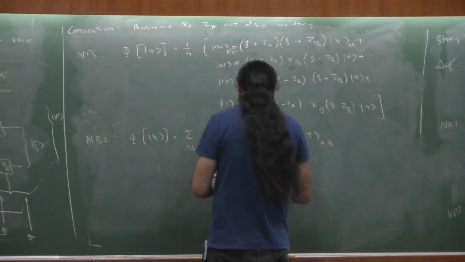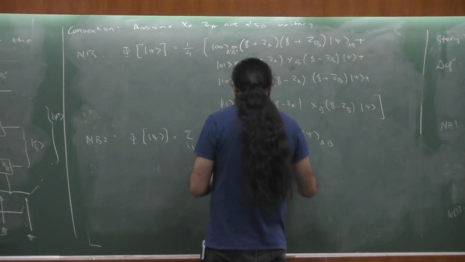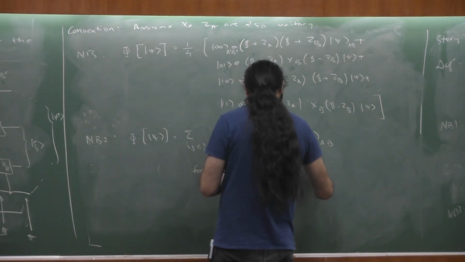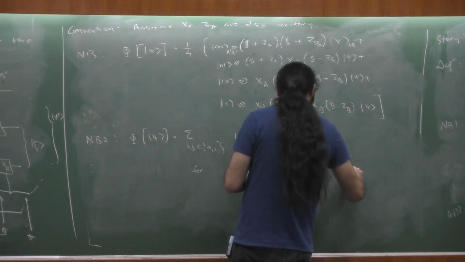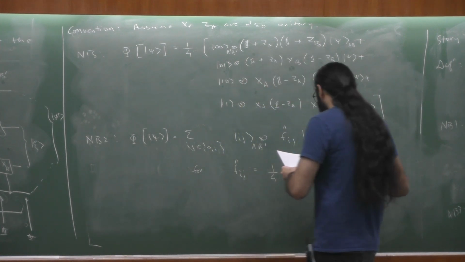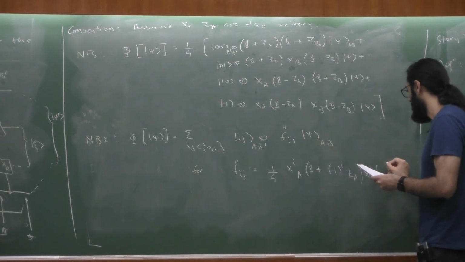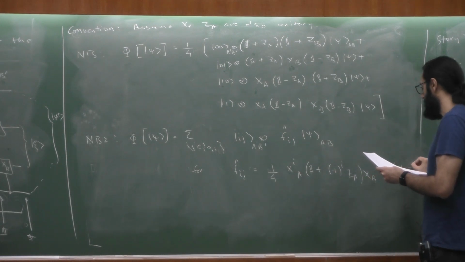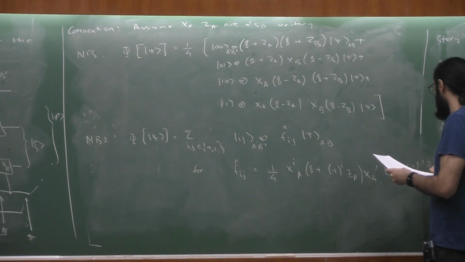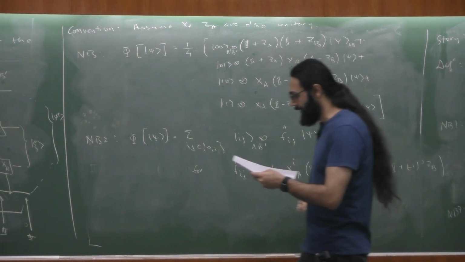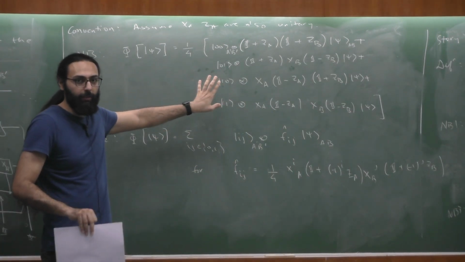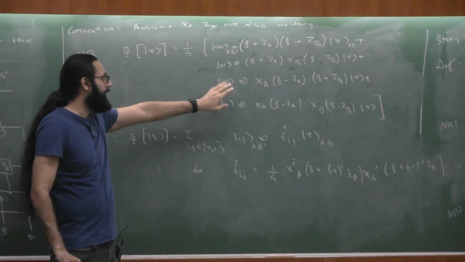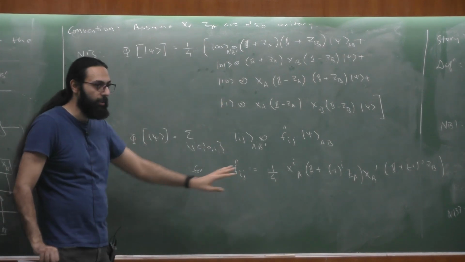F hat ij is a quarter, X_A to the i, identity plus minus 1 to the i, Z_A, X_B to the j, identity plus minus 1 to the j, Z_B. Is this fine? Just a rewriting, right? We already saw that you're adding the sign and the X's depending on the indices. So that's what I've captured over here.